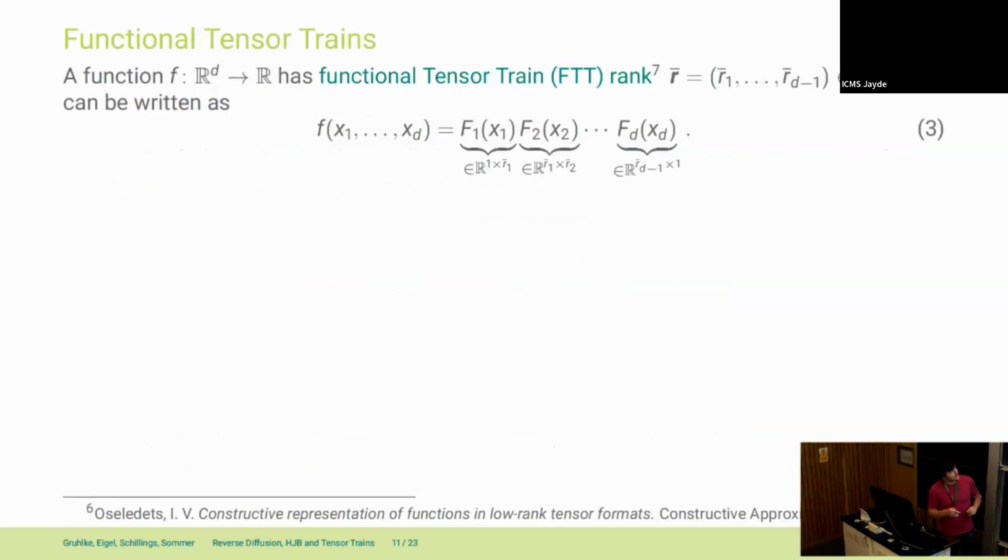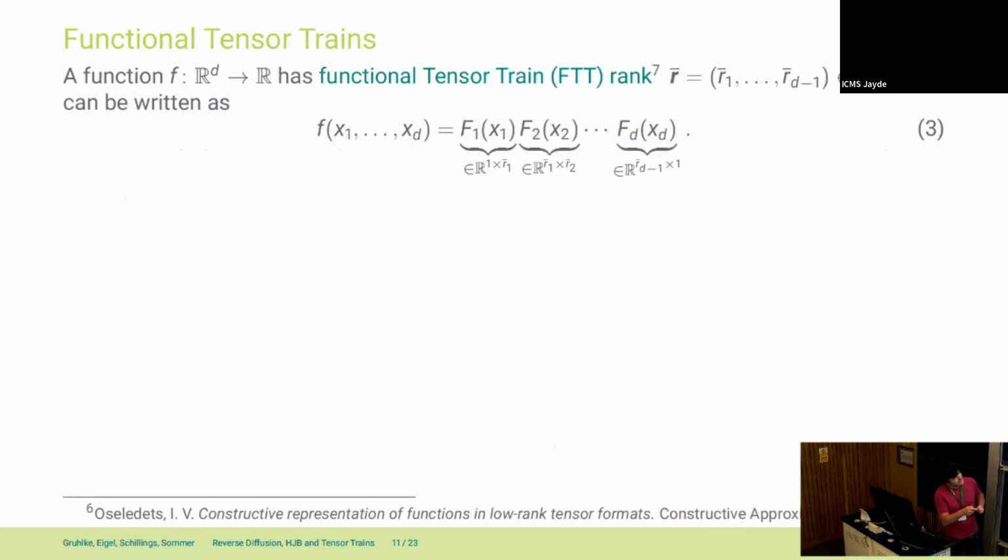Okay, so what is a tensor train or functional tensor train? We say a function has a functional tensor train of rank R if we may decompose a multivariate function into a product of matrices, right? And what does it mean? So we have here a function f1, which is basically a vector of rank 1.